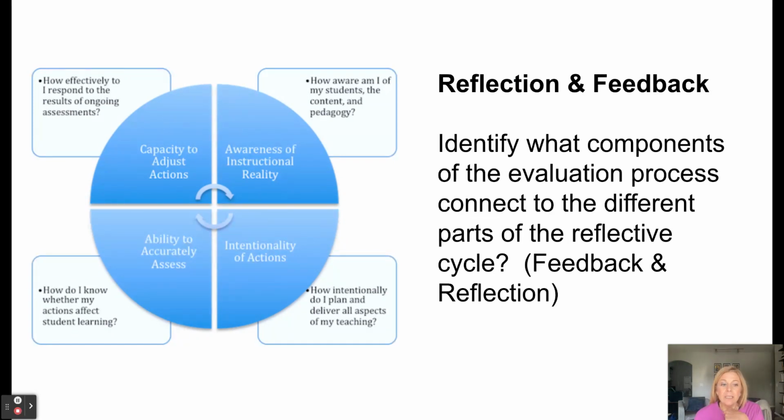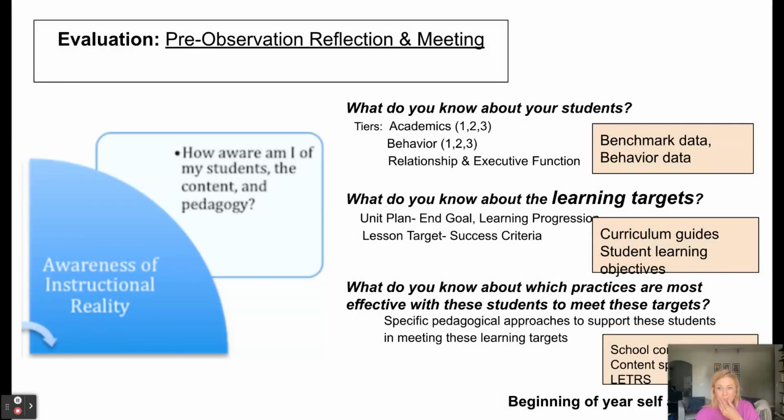We support the continuous improvement of practice by engaging teachers and administrators in a process of self-reflection. And the process of self-reflection we're using for this class has 4 steps. And so I'm going to take us back and revisit how the components of the evaluation system support a reflective cycle to support the improvement of practice.